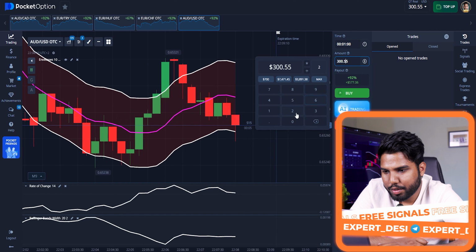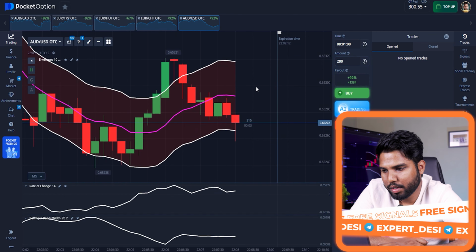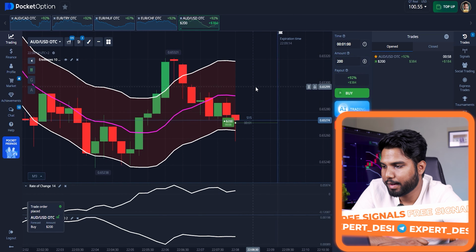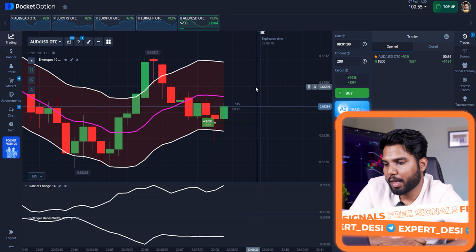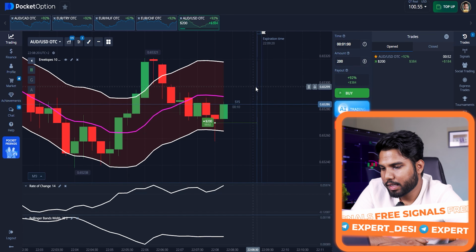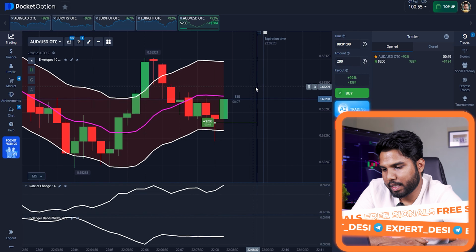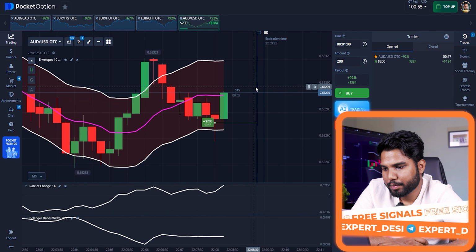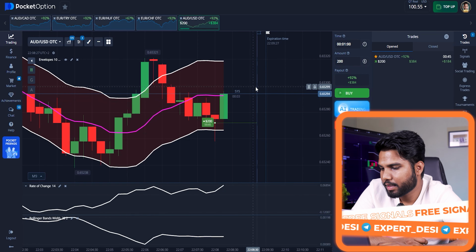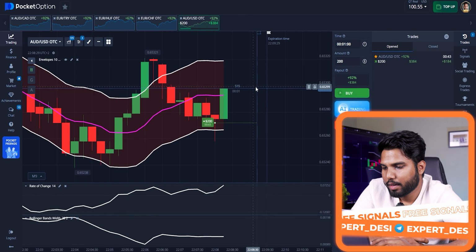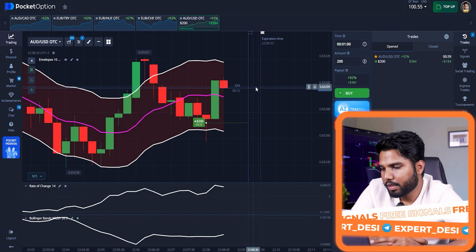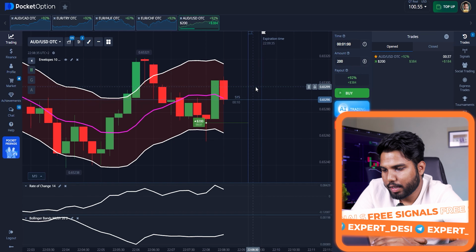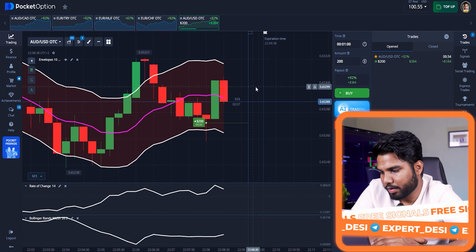So let's change the amount to $200 and we'll open a buy position here, and let me explain why. First we have envelopes. With this indicator, if we see the candles around the top or the lower white lines, it means the market is about to change, and we can see the breakout using the rate of change.